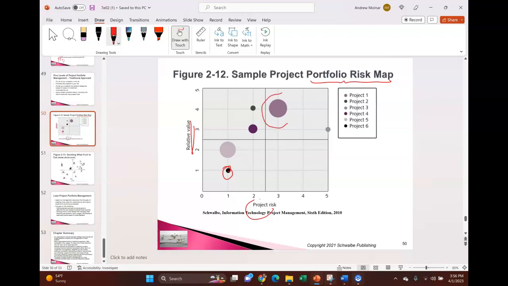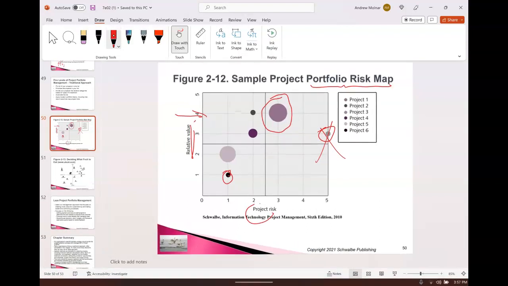You notice the risk is high here, but the value is huge, right? The biggest of all of them. Now here's a project with a ton of risk and a little bit of value, but a ton of risk. I'm probably not going to pursue that one this year. I kind of like this one, and I kind of like this one.